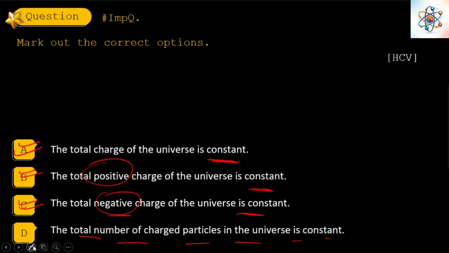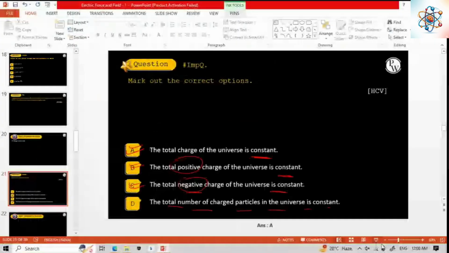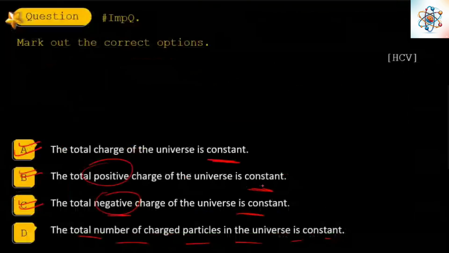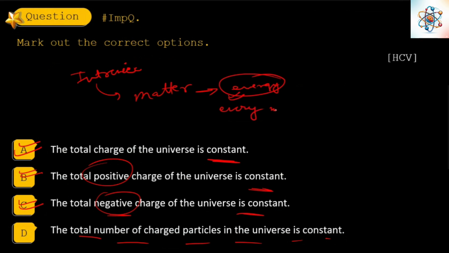Charge is supposed to be the quantity which is an intrinsic property of matter, right? So it is supposed to be there in every matter. That is what this property means. So every mass will possess it.